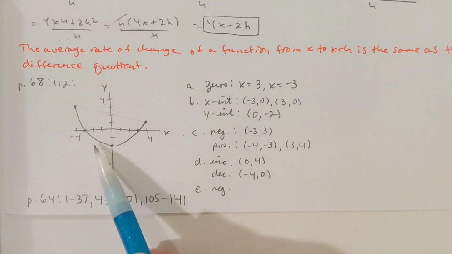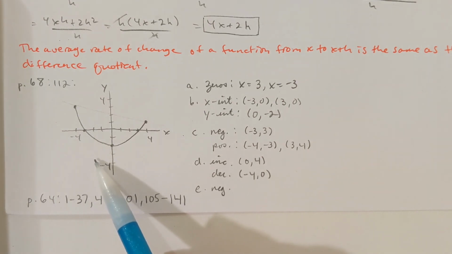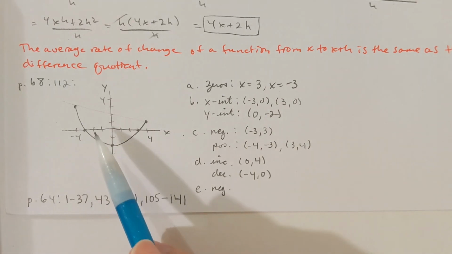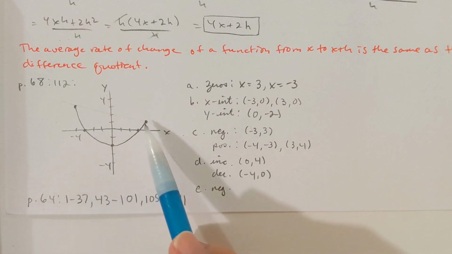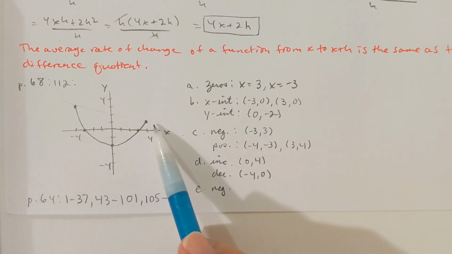And so part E is the average rate of change of f from x equal 4 to x equal negative 4 positive, negative, or 0? Okay, well, average rate of change from negative 4 to positive 4. I've drawn a line lightly here.